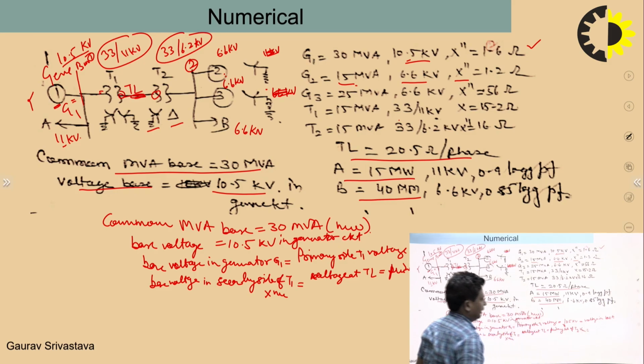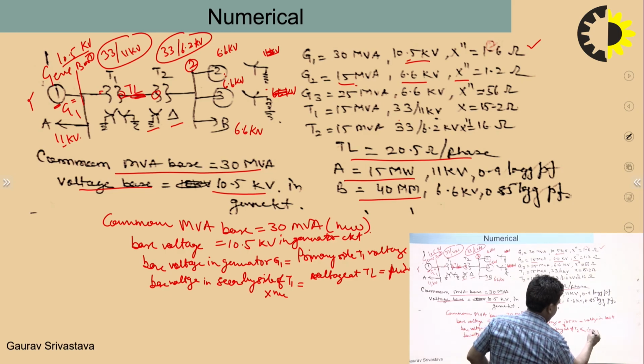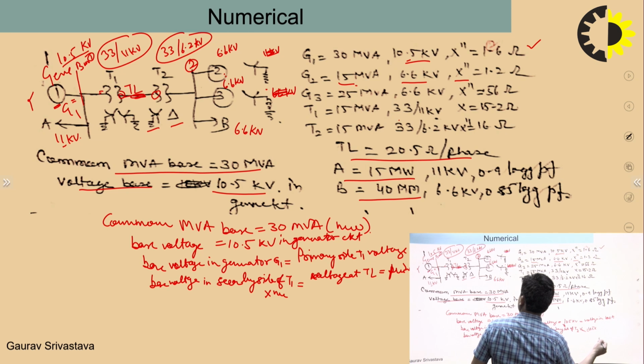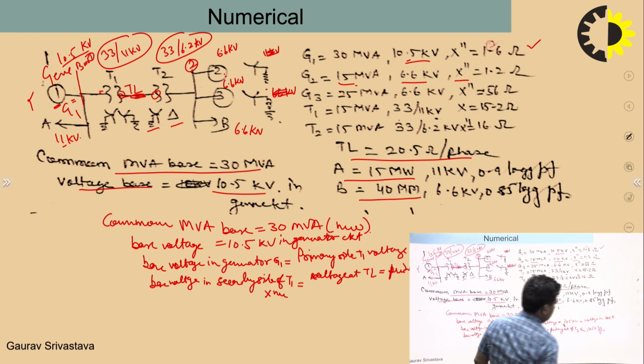It is calculated using the transformation ratio: 10.5 into 33 by 11.